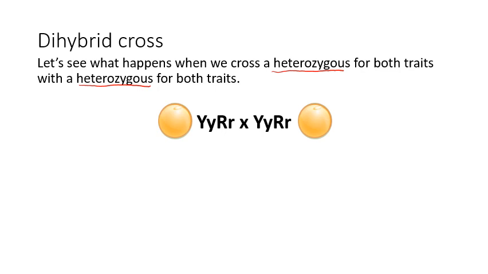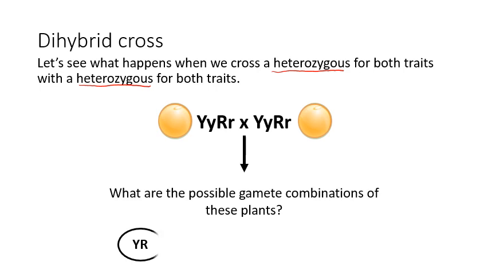So let's have a look at what they could possibly pass on to future offspring. Remember, both of them have the same genotype, so both of them can pass on the same combinations.